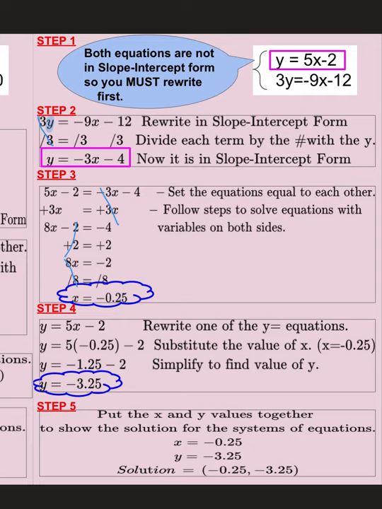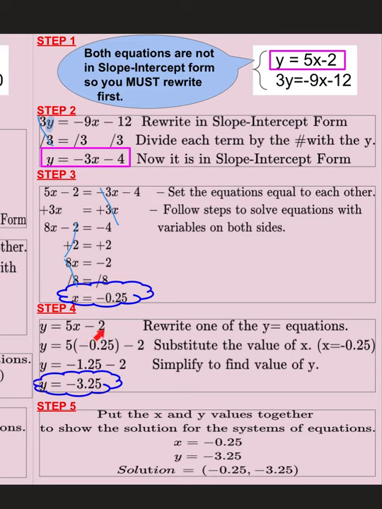Now I have x equals negative 0.25. Take one of my equations, so I'm going to rewrite one of the y equals equations. So either this one or the one where I rewrote it already here. I took the y equals 5x minus 2.